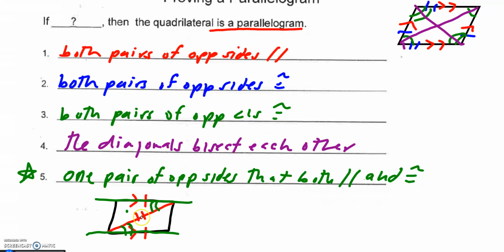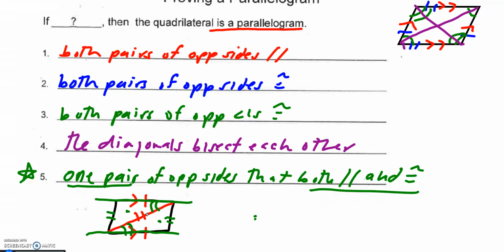So this triangle has side angle side, and this triangle has side angle side. So because these two triangles are congruent, I could say that because of corresponding parts, this side is equal to this side, so I would have this is definitely a parallelogram because both pairs of opposite sides are congruent. So I could do this proof each time, or I could just say if I happen to have one pair that's both parallel and congruent, this works as a reason to prove a parallelogram.